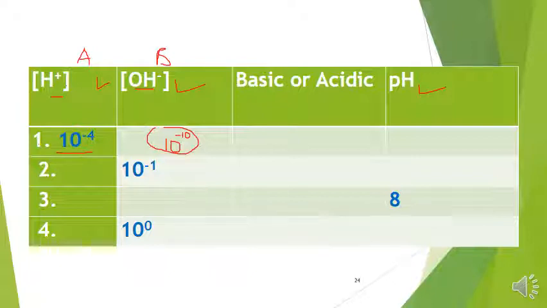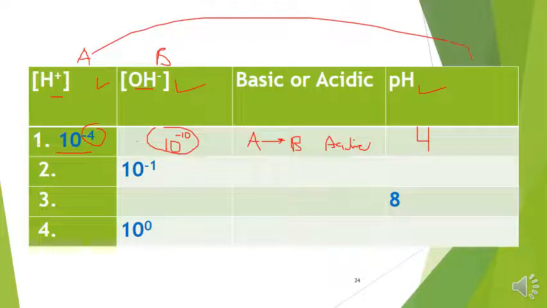That means H plus is bigger than OH minus. There's more acid, so the acid is greater than the base. So it's acidic. What is the pH? The pH is 4.